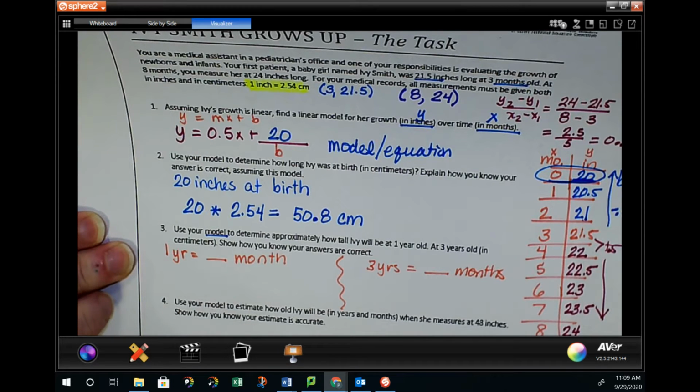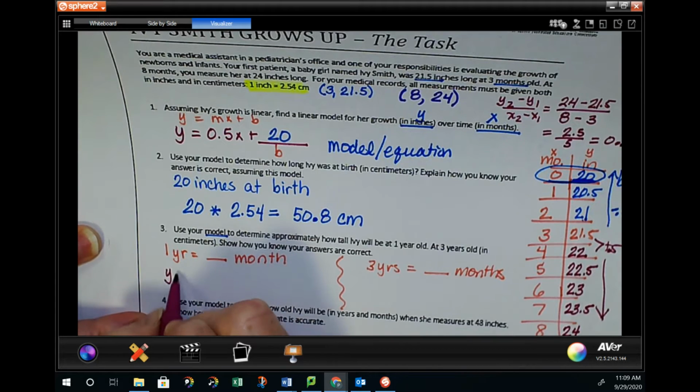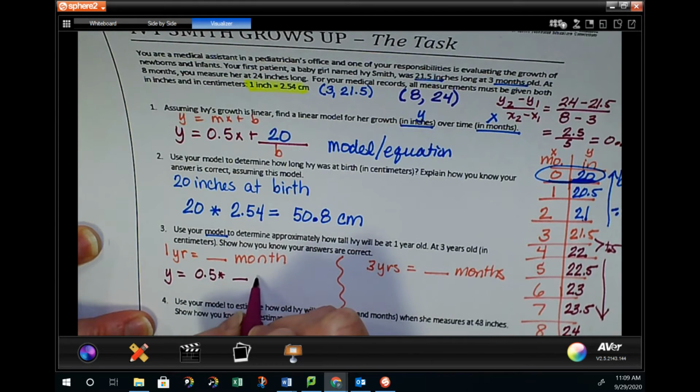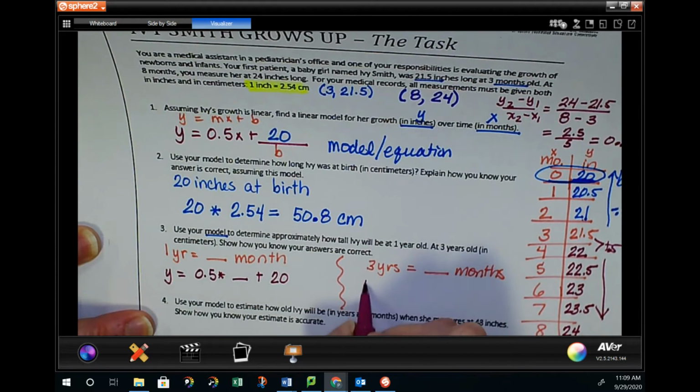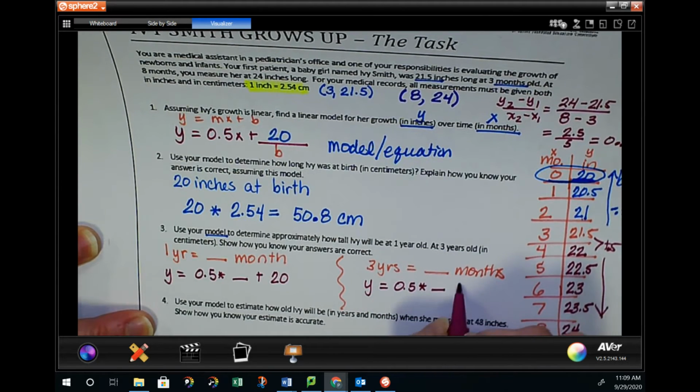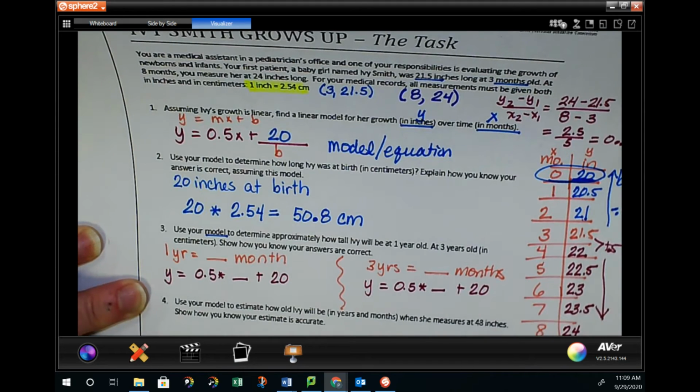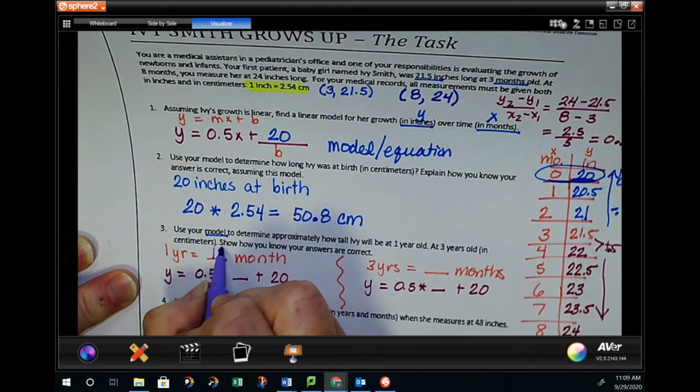So in 1 year, I'm going to take my equation. Her length is going to be 0.5 times however many months plus 20. Again, my equation, y equals 0.5 times however many months that is plus how much she was at birth. 1 year is 12 months because there's 12 months in a year.